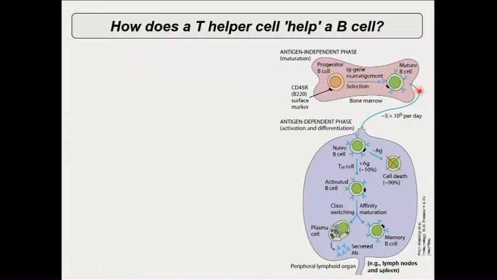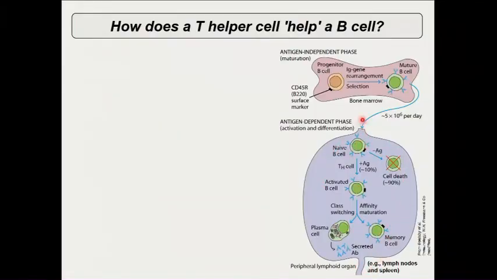Then these cells leave the bone marrow and get into lymph and blood. And then they have to have further differentiation to eventually produce the plasma cells or the memory cells. And this happens in peripheral lymphoid organs, for example in lymph nodes, but also in the spleen.